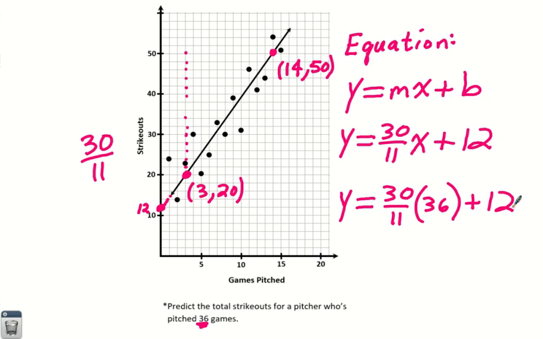So I'm going to do that now. 30 over 11 on my calculator times 36 plus 12, and I'm getting about 110.18 strikeouts. So I'm going to go with that as an answer. About 110 strikeouts would be my prediction if someone pitched 36 games. Okay?